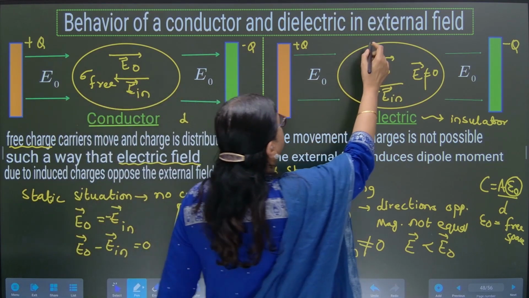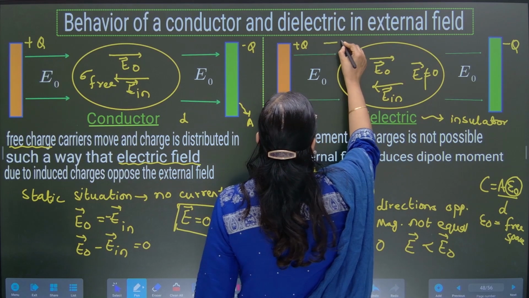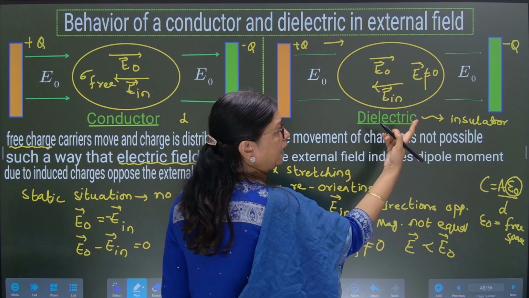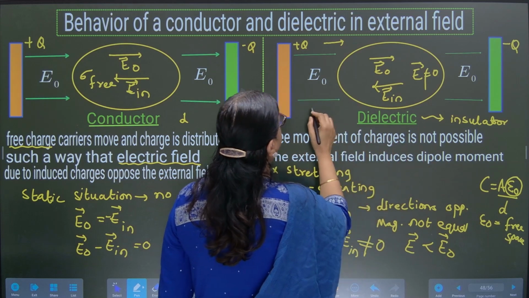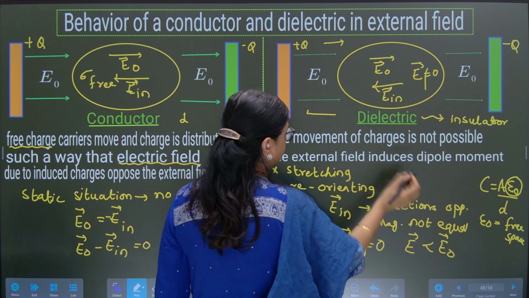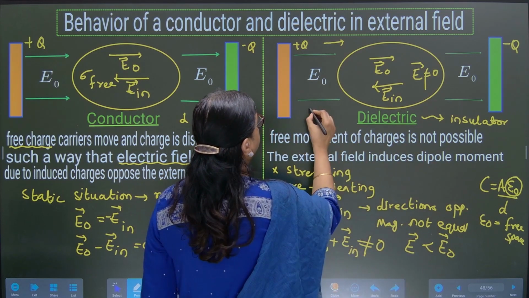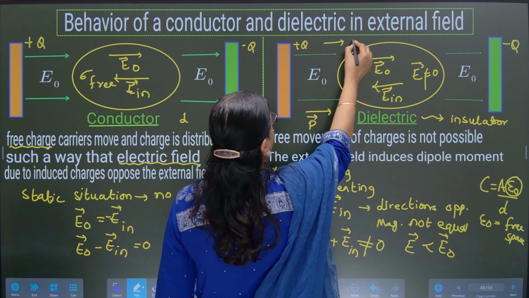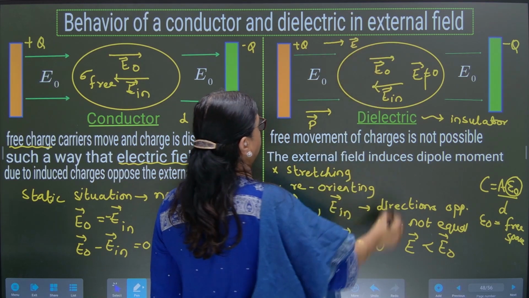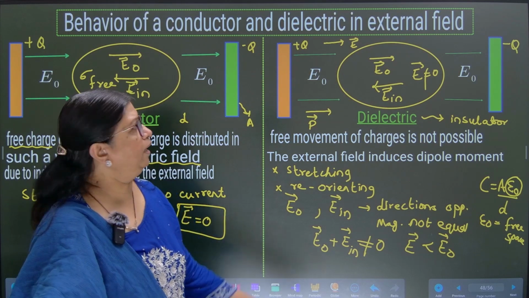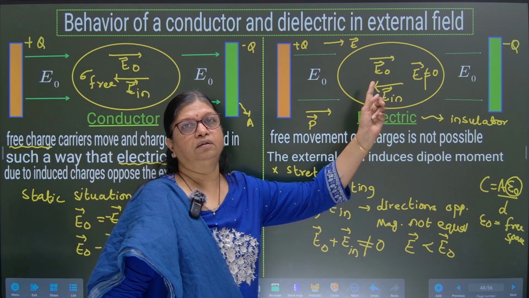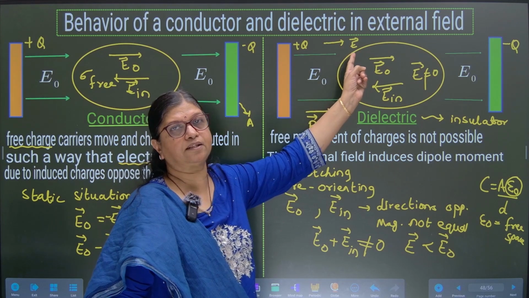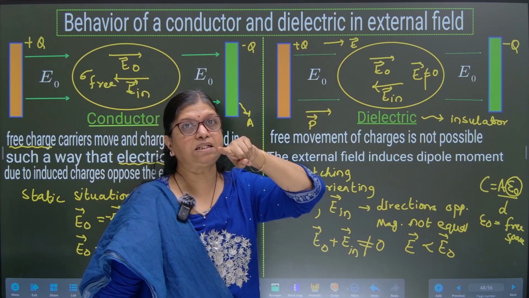Fine. Now, the direction of the electric field is from the positive charge of the plate to the negative charge of the plate, and this induced dipole also will be in the direction of the external electric field. Remember that. So both induced dipole moment and the electric field direction will be the same.